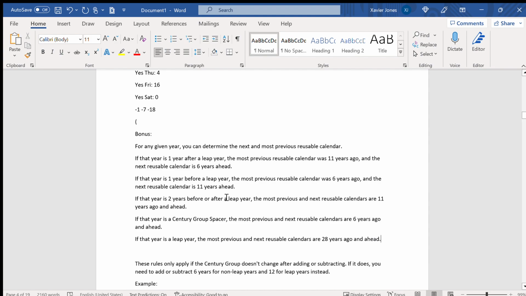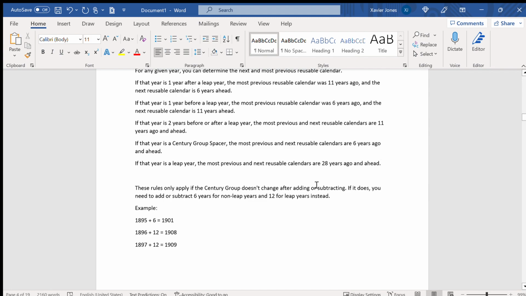But this only applies if, when you're adding 28, it doesn't skip centuries.